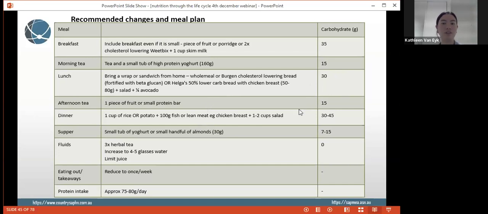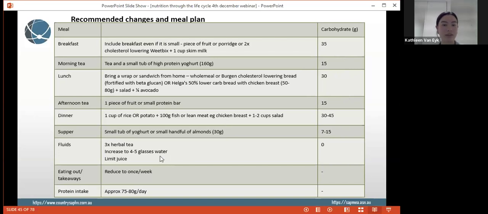A bit of fruit in the afternoon, and dinner looking at reducing those portions, down to about 1 cup of cooked rice or potato, for example, and about 100 grams of meat, and then lots of your low starch vegetables and salad, and then maybe a small snack after dinner as well. You can see the carbohydrates are within what we're recommending, a max of roughly 45 grams of carbs per meal.